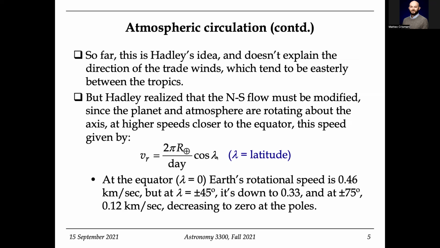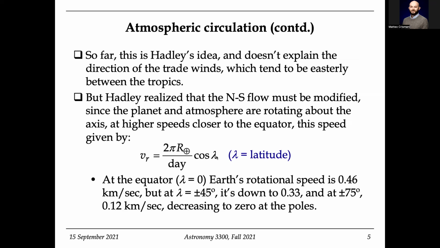And of course, the cosine theta tells you how far up, right? So here you're going the full equator. Here, let's say it's 30 degrees. Up here, you'd be going 0. And so that tells you how far your physical distance you're going in a day, right? That's not a difficult definition, right? Okay, good. So at the equator, the Earth's rotational speed is almost half a kilometer per second.